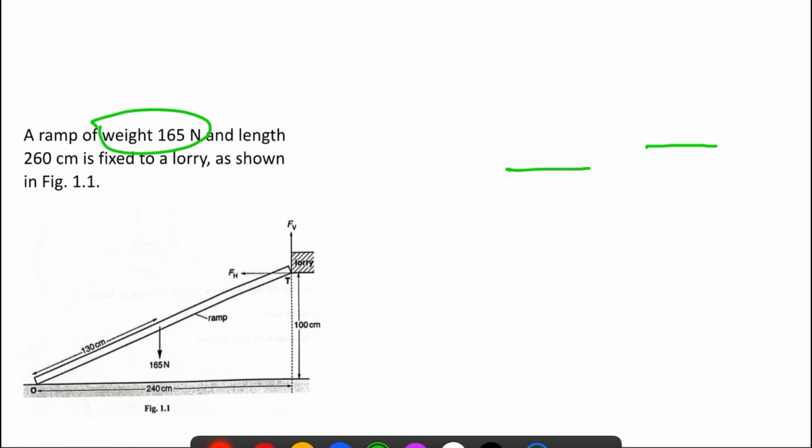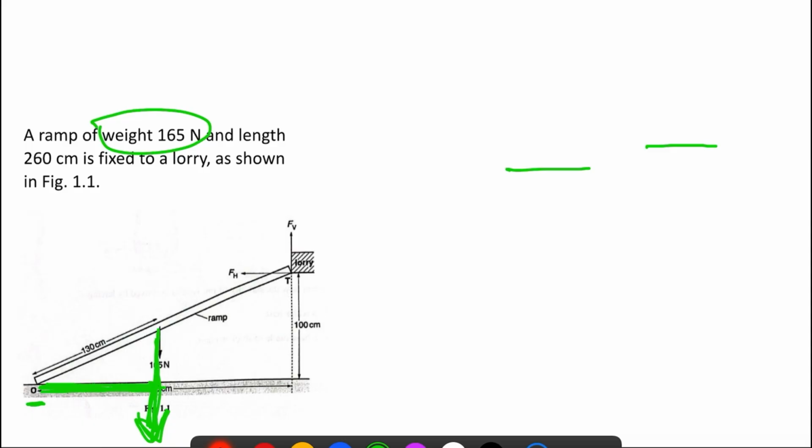Okay, at the end O, so we are looking at this part. From here, we actually have the clockwise moment. Okay, so based on this part, there's a horizontal and a vertical. That's the force. Okay, so the force is 165 Newton. Perpendicular distance, because of the moment formula, is right here.